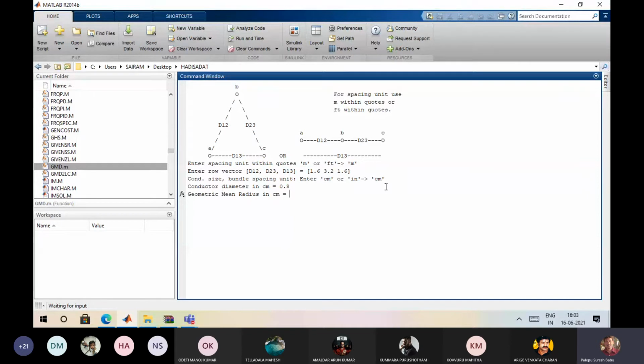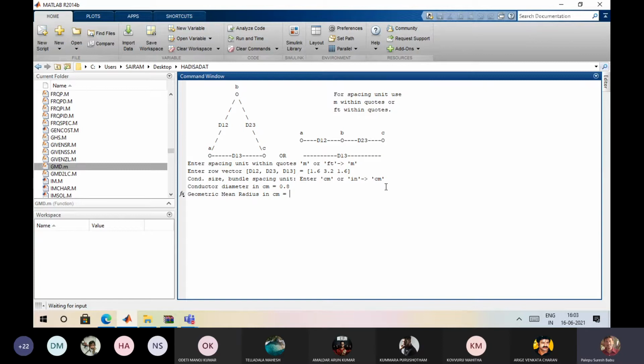So what is the difference between the two? Generally we know that for geometric mean radius in a single conductor, we consider r dash, that is 0.7788 r. Here you can observe the conductor diameter is 0.8, so the radius is 0.4.